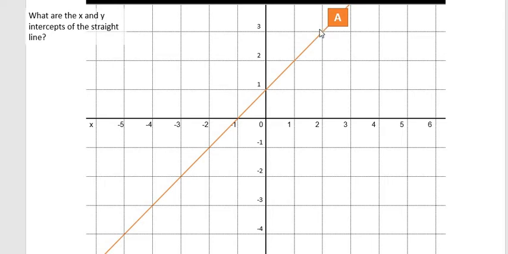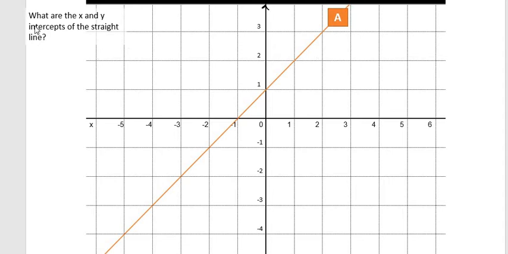So again, let's start with the y-axis. What is the y-intercept? In other words, this graph intersects the y-axis at 1. Right. Positive 1. Okay.